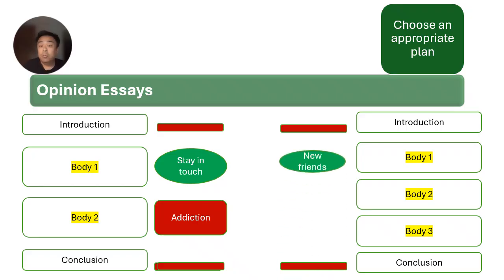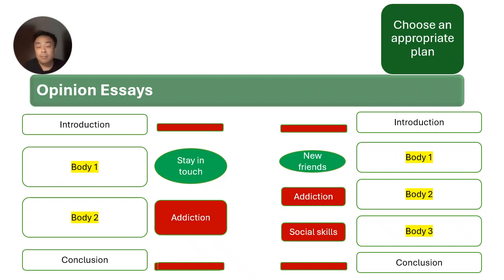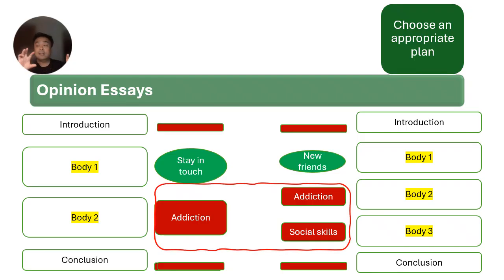Maybe you do one positive and you present 2 negatives. The key thing is to make sure that you emphasize where your main idea or your main opinion is, and that is to state that these negative viewpoints are more important or more serious or outweigh that positive, if you feel that it's more negative than positive.